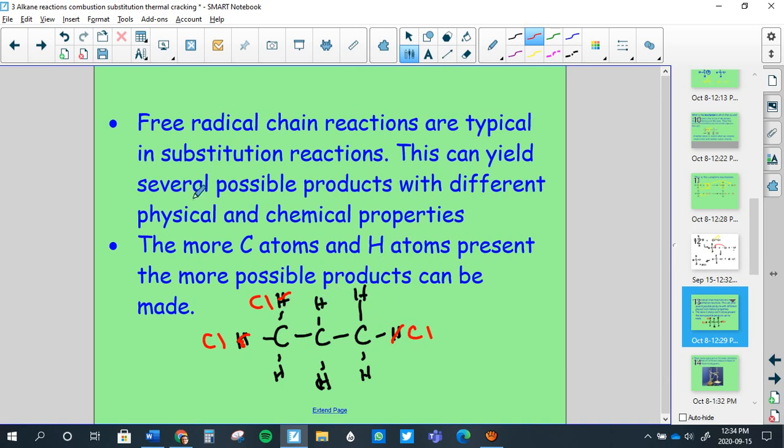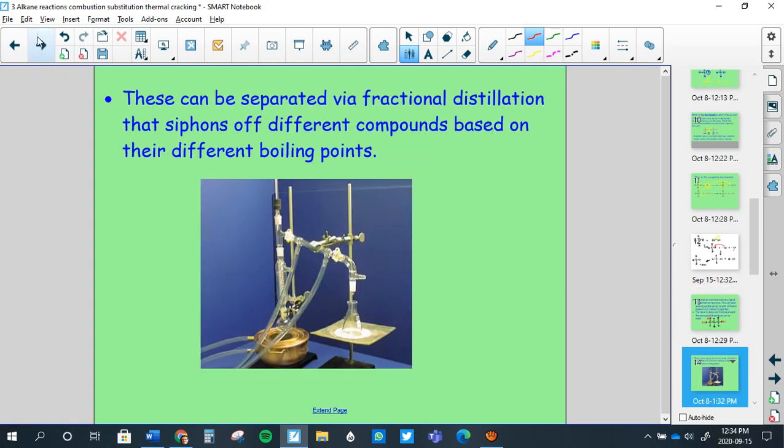So there could be a whole slew of different products produced in this substitution reaction, and to separate these, they might have slightly different boiling points, so we can use a fractional distillation. So what's happening here is your mixture of all these substances is placed inside here. It's heated carefully, measured with a thermometer at the top.